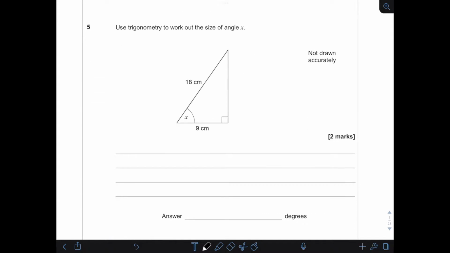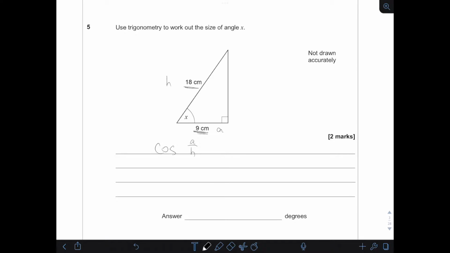Okay, trigonometry. Work out the size of angle x. These are right-angled triangles, so you know that you have adjacent and hypotenuse, right? So you have A and H. If you remember the SOHCAHTOA method, which I kind of forgot a long time ago, I know that this is cosine.